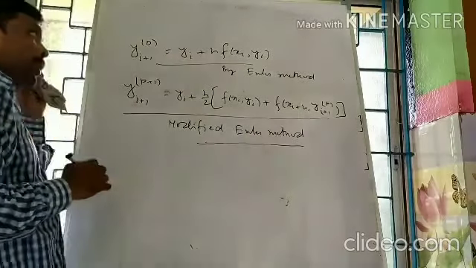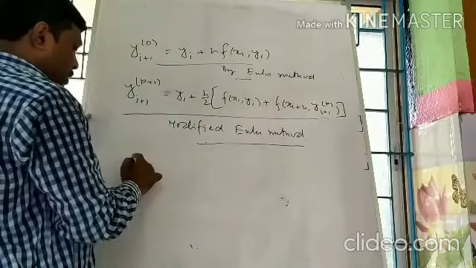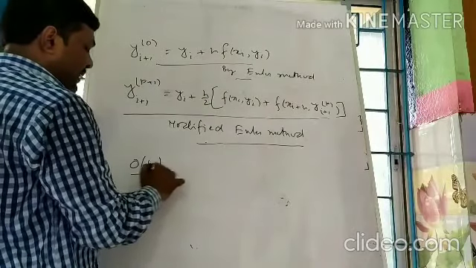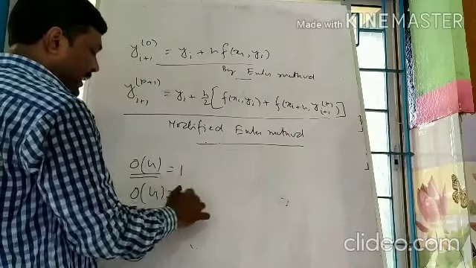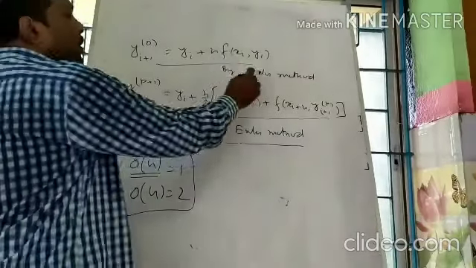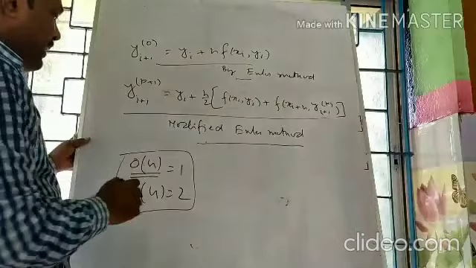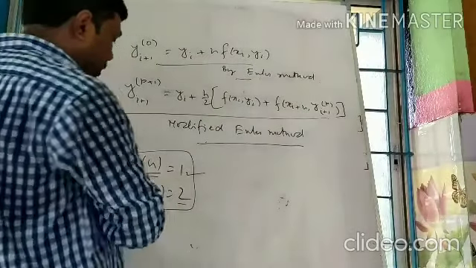For Euler method, the order of h in the error expression is 1. For modified Euler method, the order of h in the error expression is 2.